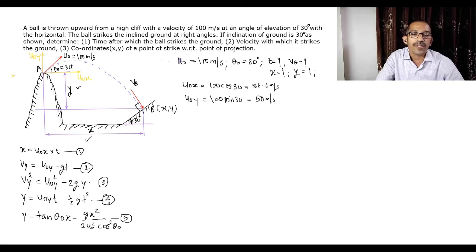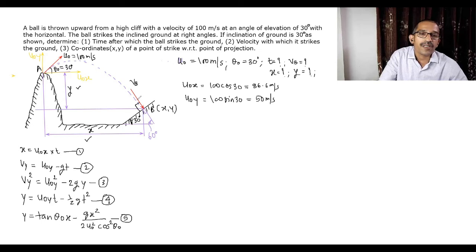What we'll do, we'll try to find out first what is the inclination of VB. So I extended this VB so that I'm getting one right angle triangle, right? If this angle is 30 with horizontal, and as this angle is 90 degree, this angle comes out to be how much? So this will be 60 degree with horizontal.